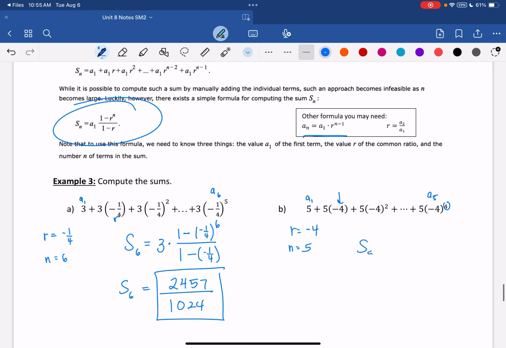So the sum of this sequence is a sub 1, which was 5, times 1 minus R, which is negative 4, to the nth, which is the fifth, divided by 1 minus R. Clean all that up. Throw it in our calculator, and that is what we get.